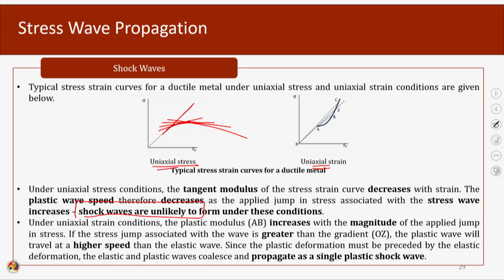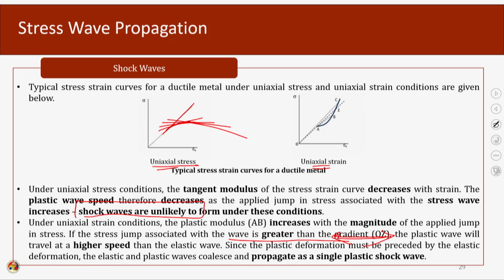Under uniaxial strain conditions, the plastic modulus, that is AB, increases with the magnitude of the applied jump in stresses. If the stress jump associated with the wave is greater than this gradient, then the plastic wave will travel at a higher speed than the elastic wave.